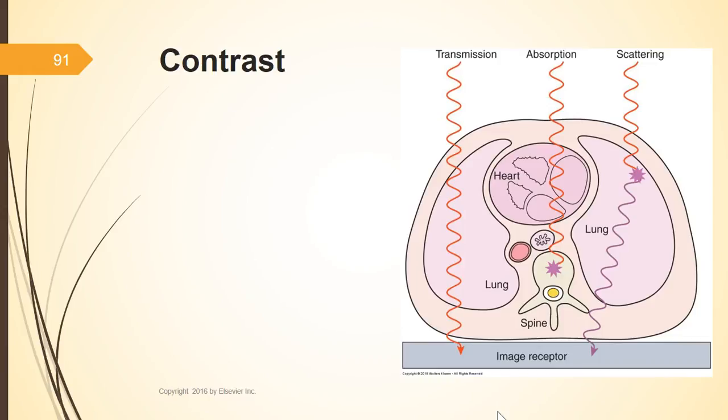So here's another example: the amount of radiographic contrast. Our contrast is influenced by the anatomic part that we're radiographing. The atomic number, the thickness of the tissue, and cell compactness affect its absorption characteristics.